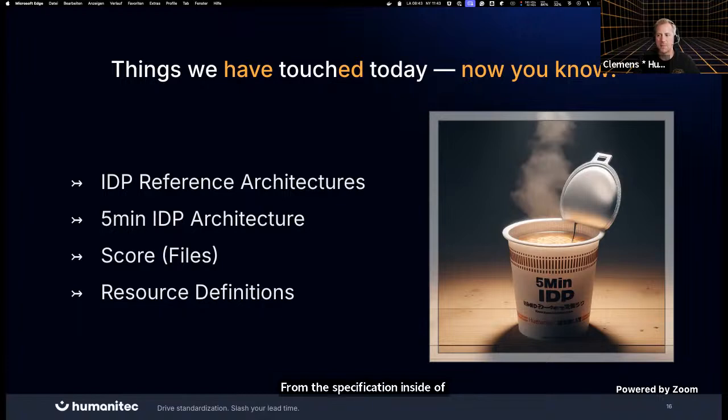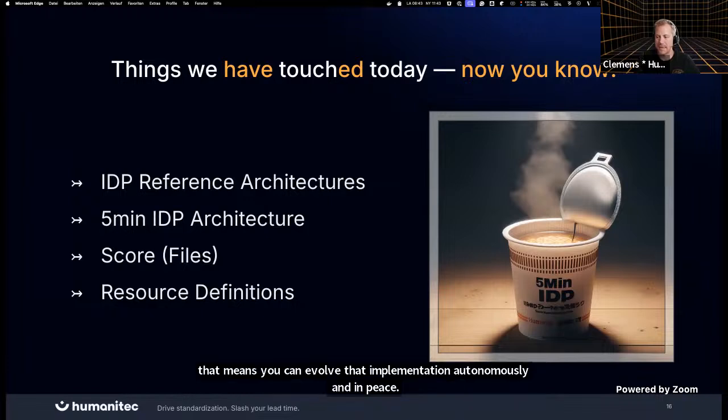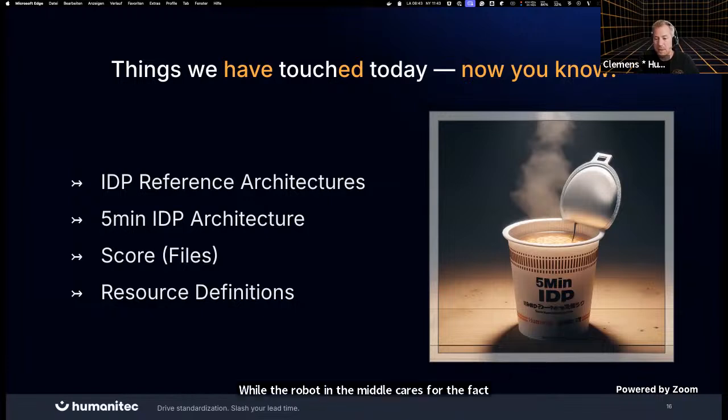And that means you can evolve that implementation autonomously and in peace, while the robot in the middle cares for the fact that each time a deployment comes rolling along, the actual right version of the then existing standard is being chosen.